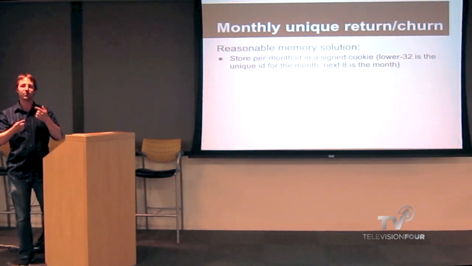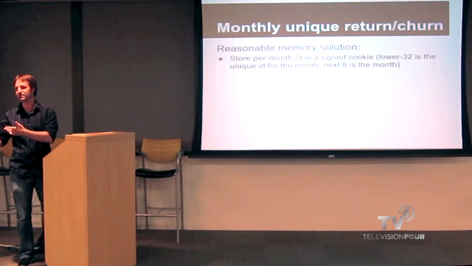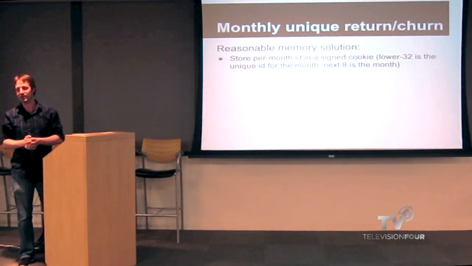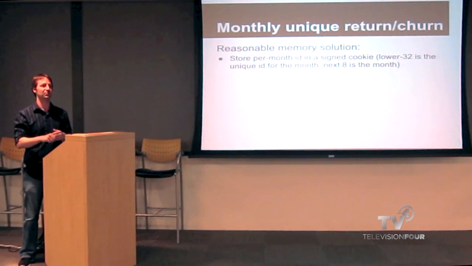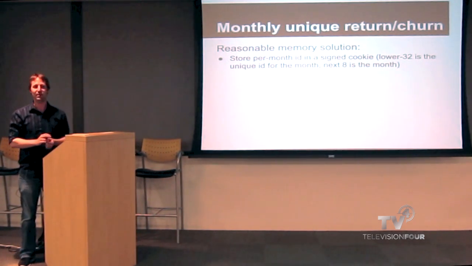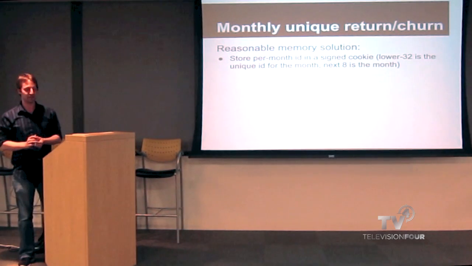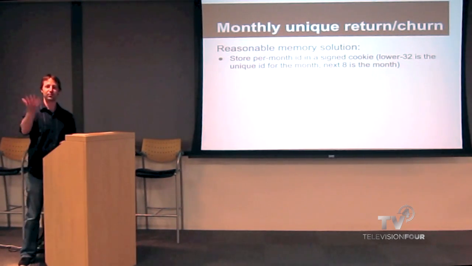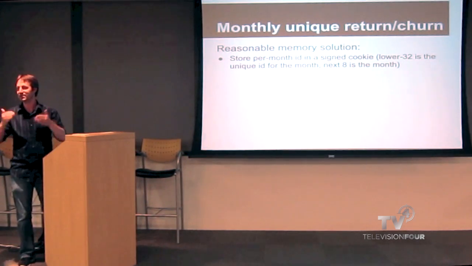And we want signed cookies so that people don't forge cookies, because that is somewhat important. Also, if you want to use these same signed cookies for your login cookies, then you don't want people to be able to forge them arbitrarily either. And basically the idea is you say the lower 32 bits, this ID is this.